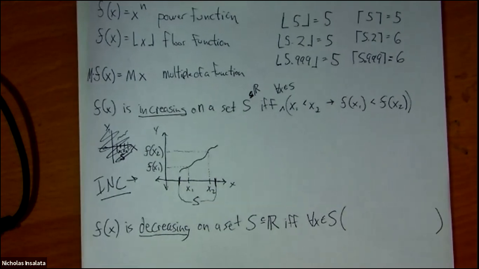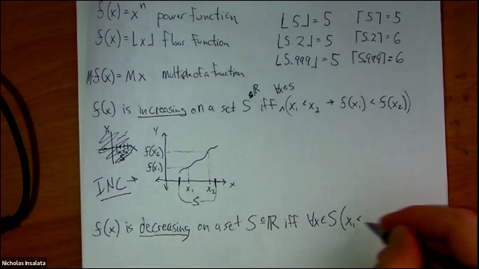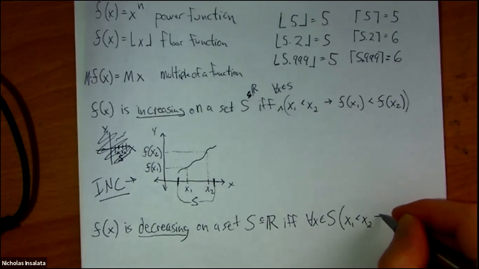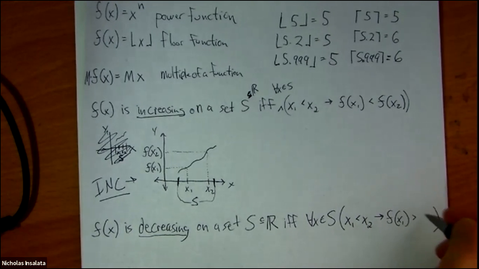Let's see if you guys can get this part. Good, right? Same first part. X1 is still less than X2, but that implies that f of X1 is greater than f of X2.